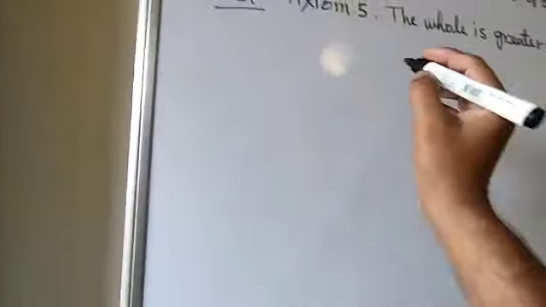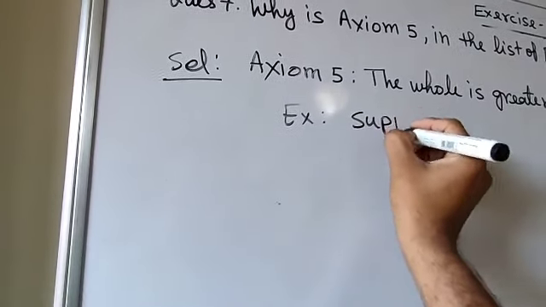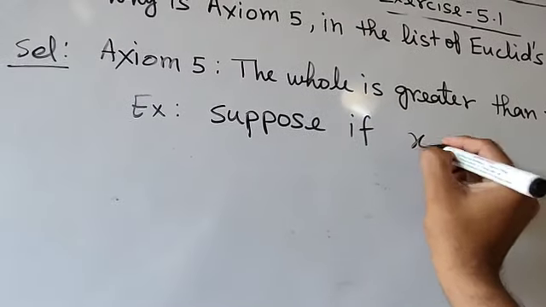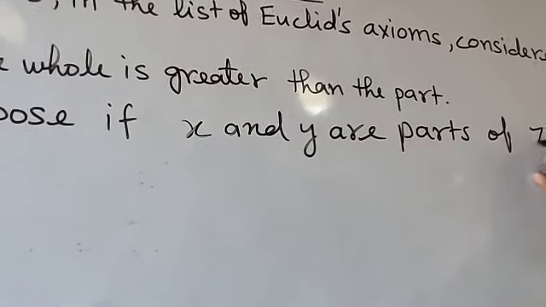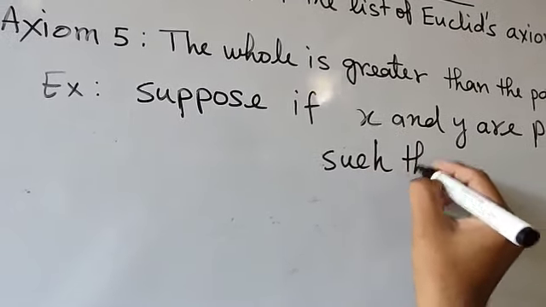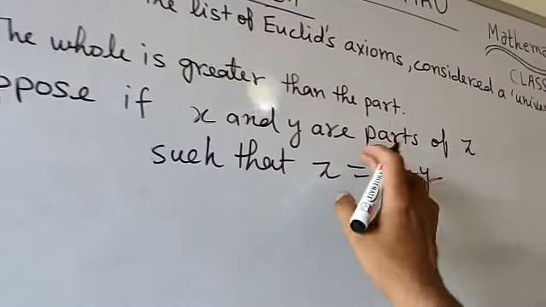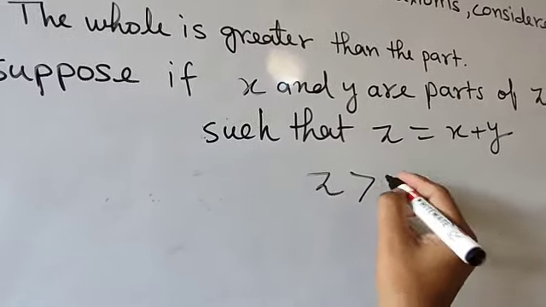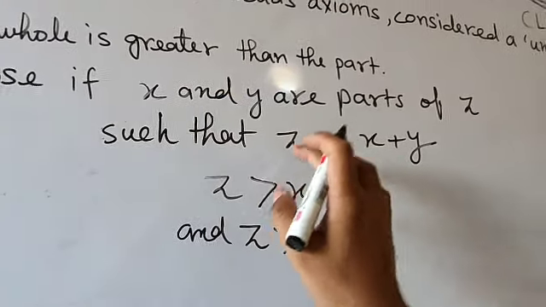So here I am going to take an example. Suppose X and Y are parts of Z such that Z equal to X plus Y. Then you can write that Z is greater than X and Z is also greater than Y. It means the whole is greater than the part.